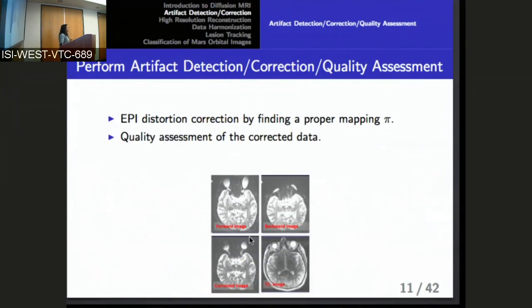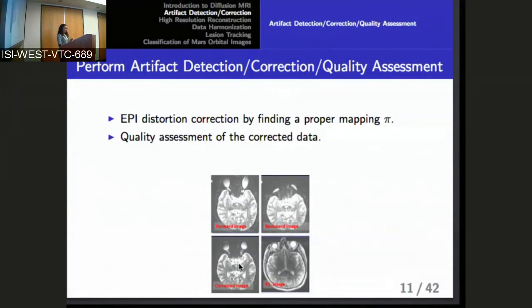And of course, correcting for this distortion in diffusion MRI studies is very critical. To the best of my knowledge, there are three software packages which correct for this kind of distortion. And one critical question for us was which of these software packages is doing a better job, or, for example, which protocol should we use in our imaging.